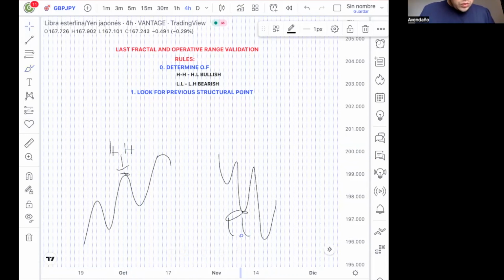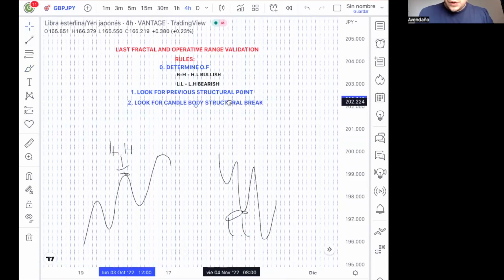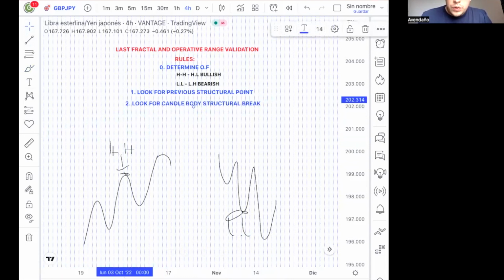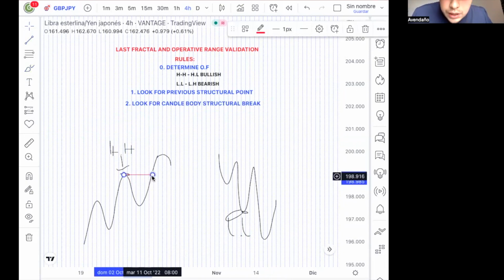Now, rule number 2 is to look for the candle body structural break. When an order flow is created, for the order flow to keep its structure, we will be seeing some structural breaks. And this structural break will only be valid if it's made with a candle body. So this structural point may create a structural break with a candle body right here.